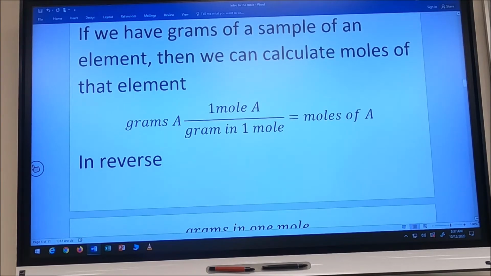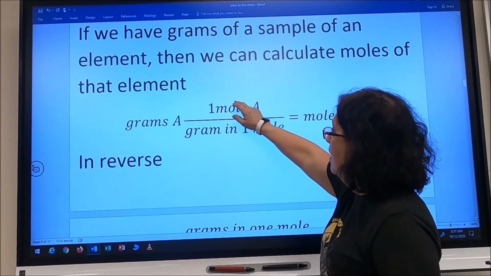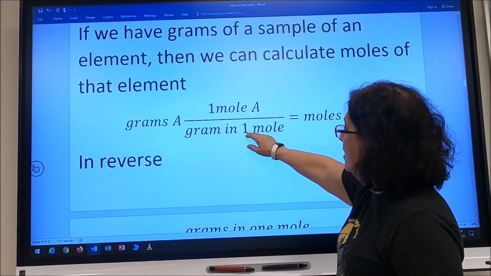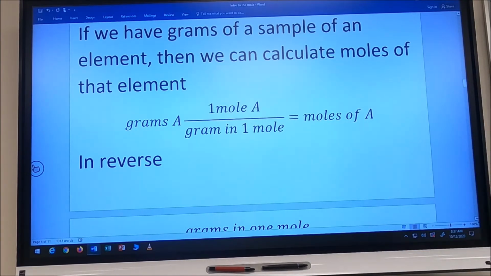If you have grams of a sample of an element and we want to calculate moles of that element, then all we have to do is use the following relationship. Grams of A times 1 mole A over grams in 1 mole equals moles of A. Or we can look at the reverse.